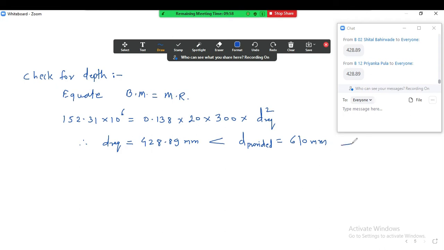Hence it is safe. So now this is the check for depth. Now after this we will calculate the steel.